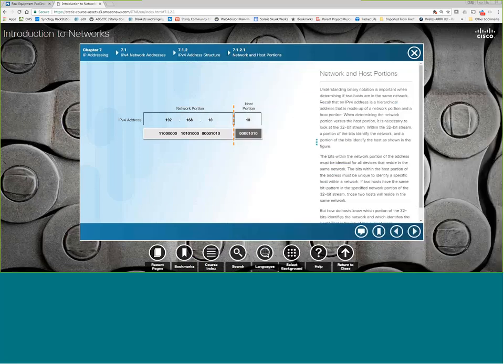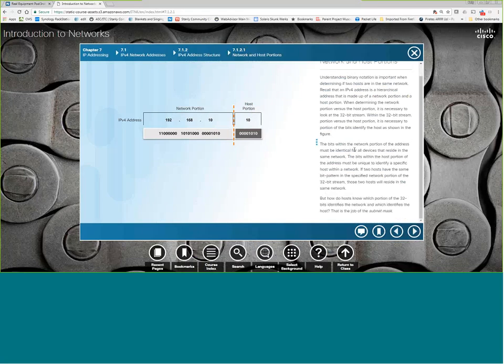So we've got an IP address. Looking at this one, they've assumed a classful mask because this is a class C by default. They've assumed that the first 3 octets are the network portion and the last octet is the host portion, which means there are 24 bits, 8 times 3, in the network and 8 bits in the host.